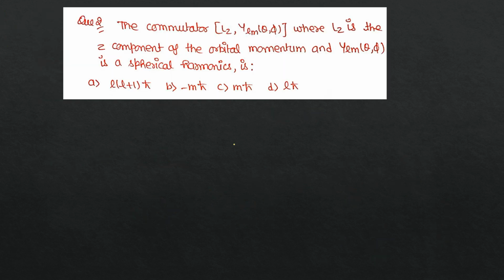The commutator of Lz with Ylm(theta, phi), where Lz is the z component of the orbital angular momentum and Ylm(theta, phi) is the spherical harmonics. So what is it saying?